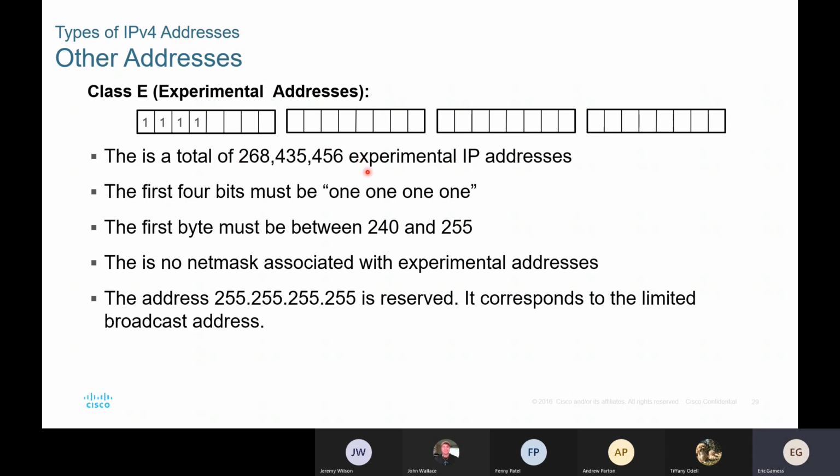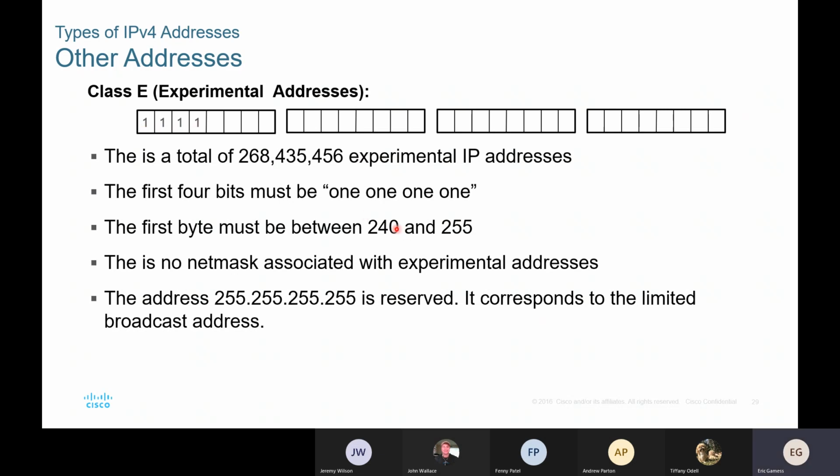How can I identify if an IP address is an experimental IP address? I can look at the first byte. What will be the minimum value? You put here 0, 0, 0, 0. If you compute that in decimal, it will be 128 plus 64 plus 32 plus 16.